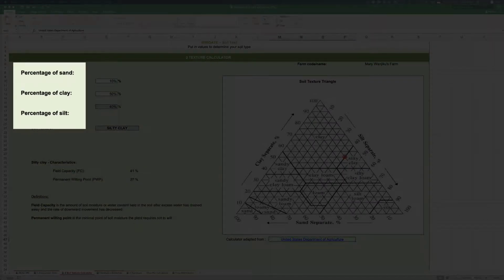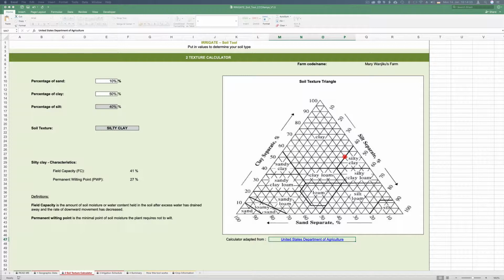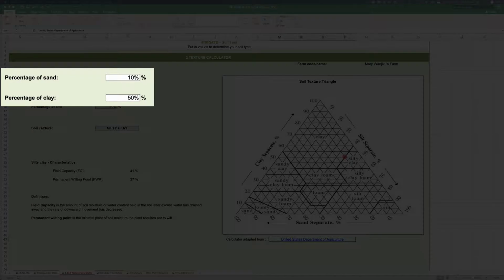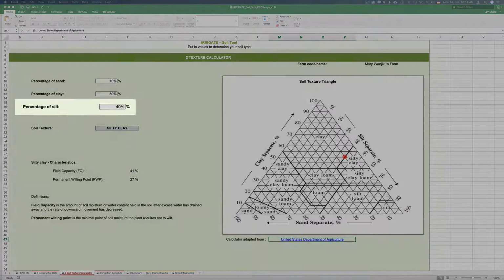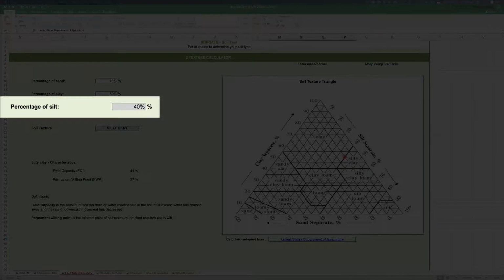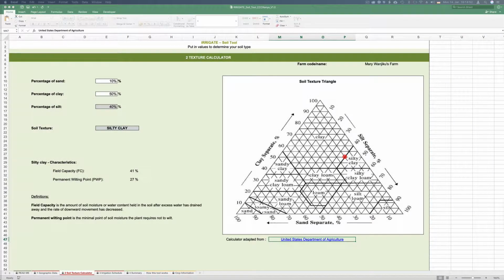If we know the percentage of sand and clay, we can fill in the data. For Mary's farm, we do not know exactly. Let us assume 10% of sand and 50% of clay. Silt will be automatically filled in to give 100%.